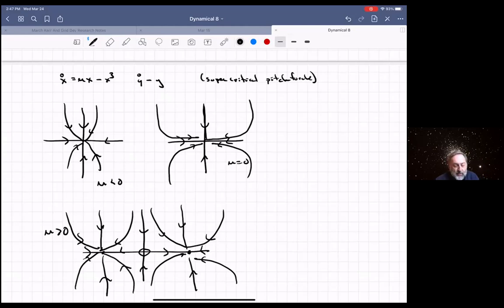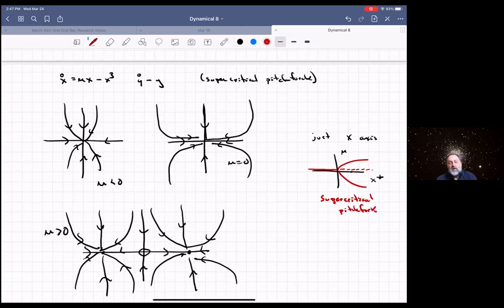So if I look at what's happening on just the x-axis, I have a stable fixed point, and then it becomes two stable fixed points, and then the origin becomes an unstable fixed point. So I look at just the x-axis, I have the supercritical pitchfork.